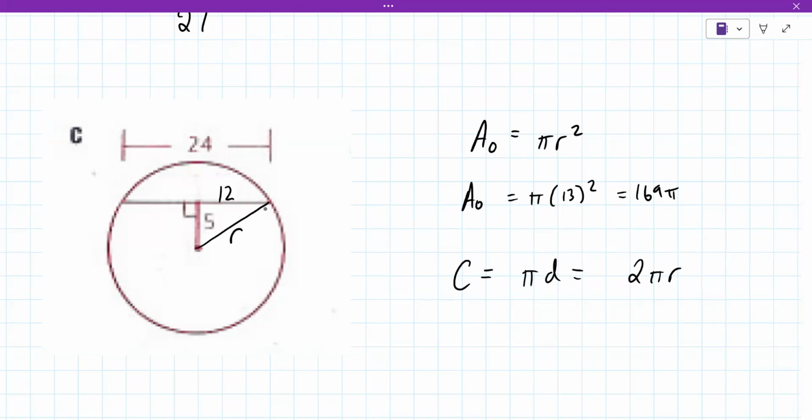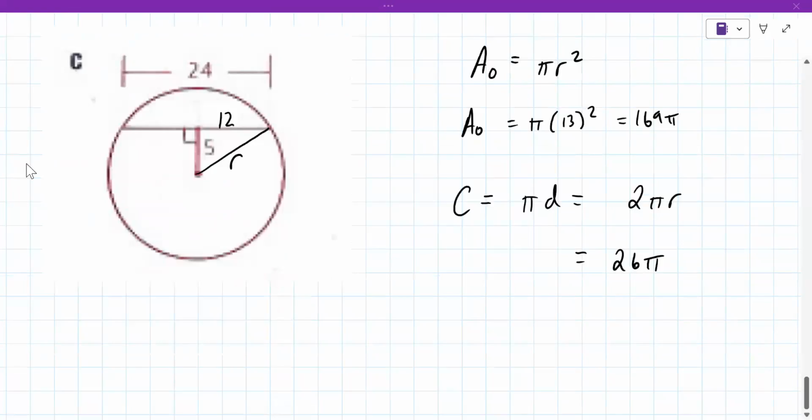This becomes 26 pi. So that's the circumference around it. Okay, that makes sense.